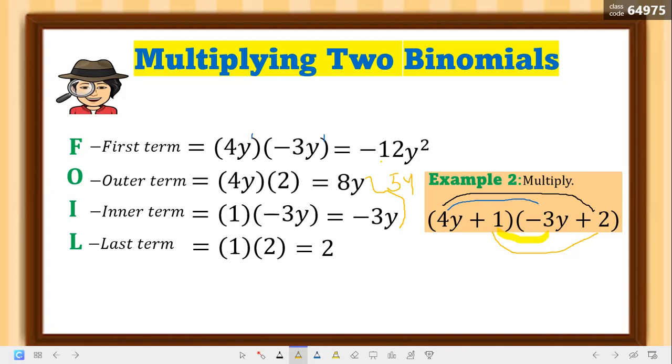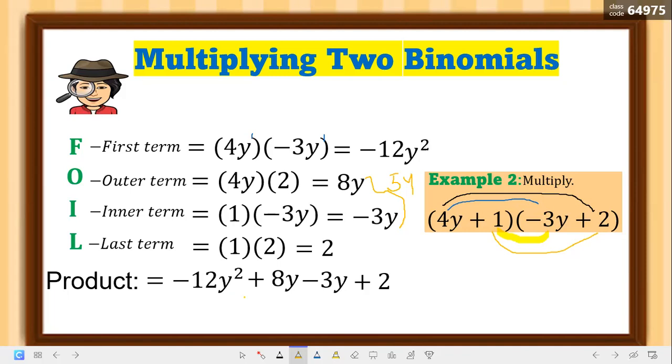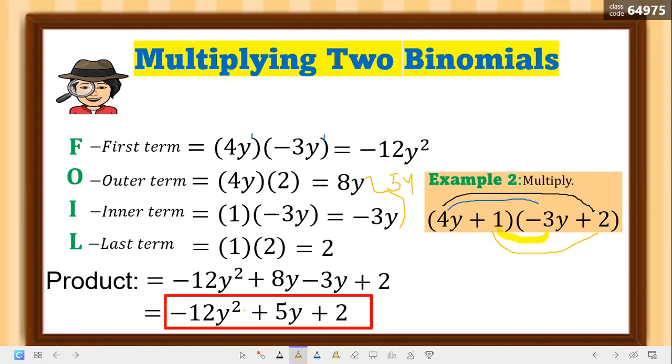Okay, and then, i-bring down na natin sila. We have this negative 12y squared. Then, copy lang muna natin yung given. And since inadd natin yung outer and inner terms, we have 5y na lang. Then, bring down mo yung first tsaka yung last. So, yan na po yung ating product of the two binomials using the FOIL method. Okay, so na-master na ba natin?